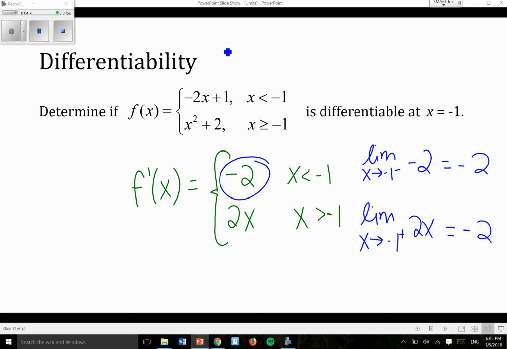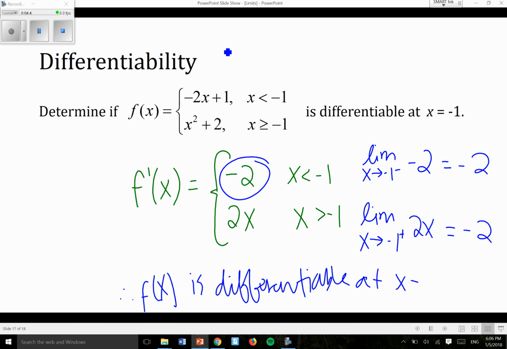And because as we approach -1 from either side, our slopes are approaching the same value, we do have a smooth curve. Therefore, f of x is differentiable at x equals -1. And really everywhere, because that was the only point that we were unsure of.